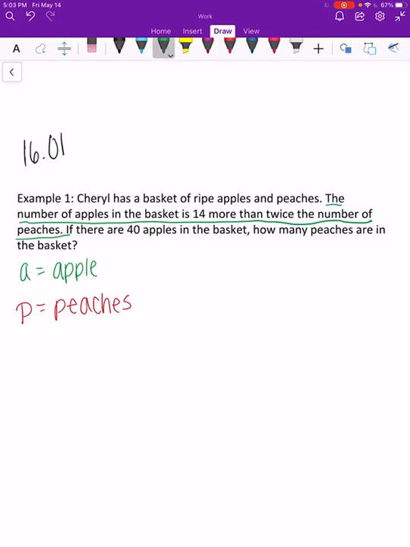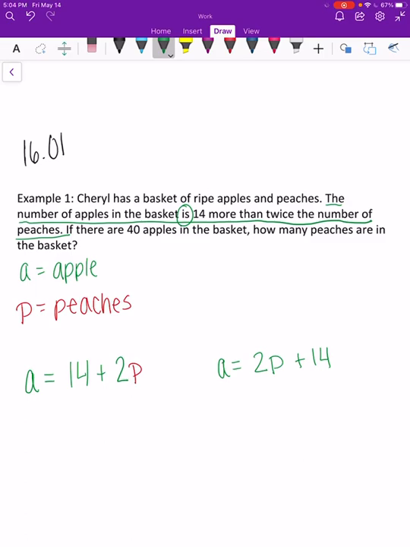So the number of apples in the basket, so I'm going to say A. Whenever I see that word is, I think of equals. Is 14 more, so 14 more than twice, so 14 plus 2P. And honestly, I'm going to just rearrange it and say A equals 2P plus 14.